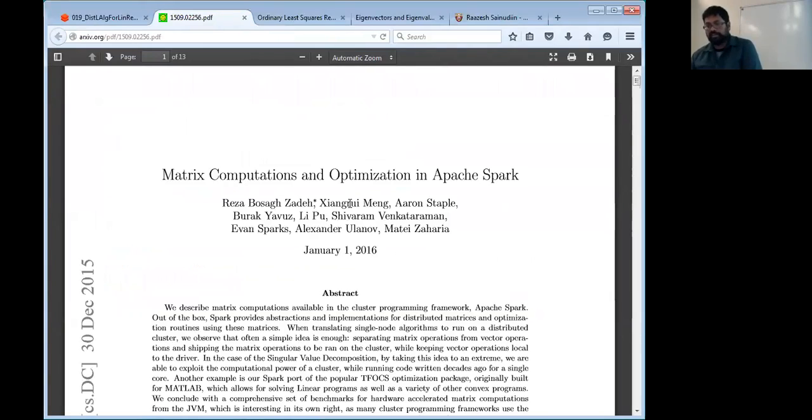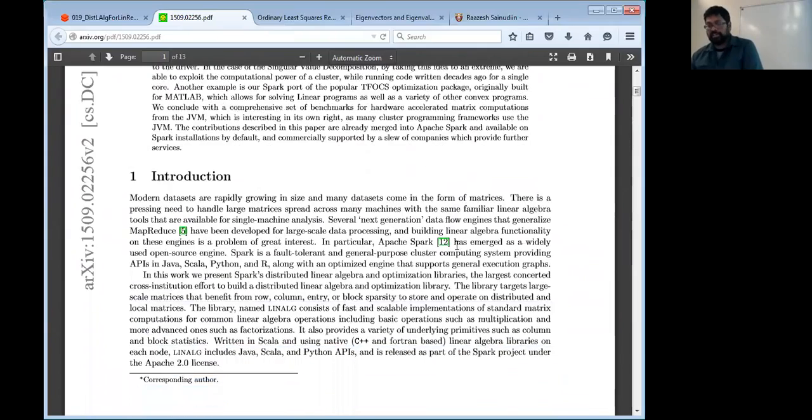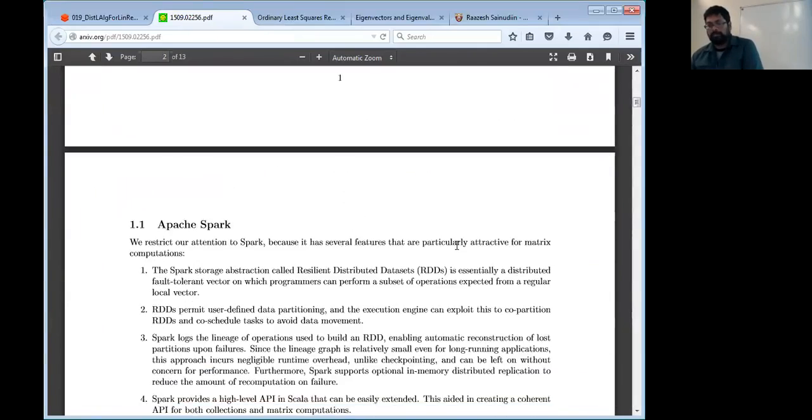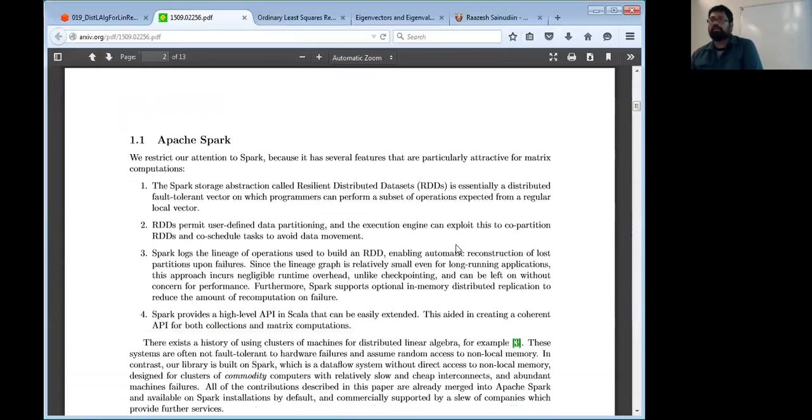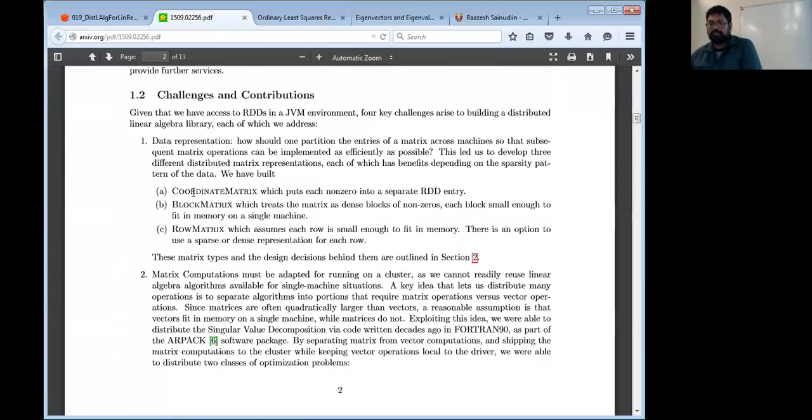It comes from a team, Matei, Reza, all these guys at MIT, Stanford, Berkeley, wherever they are. It goes quickly through the various ways in which you can now represent matrices in a distributed way: coordinate matrix, block matrix, and row matrix.